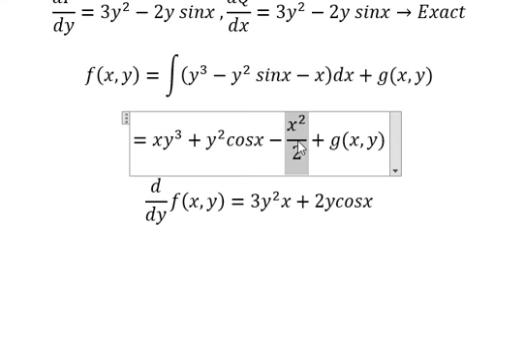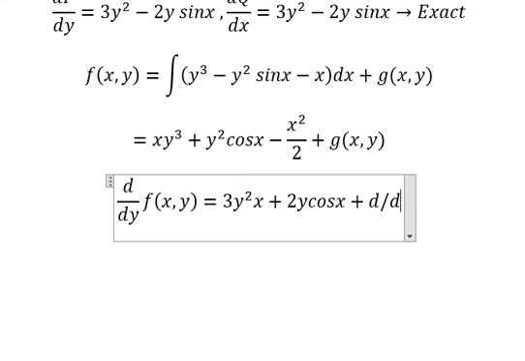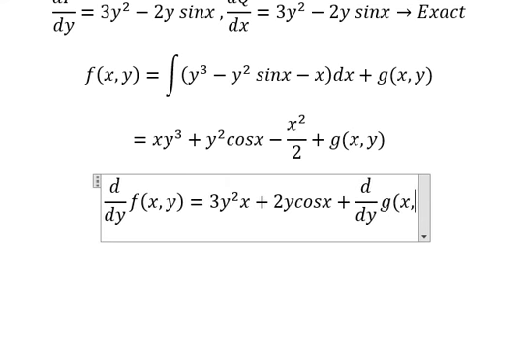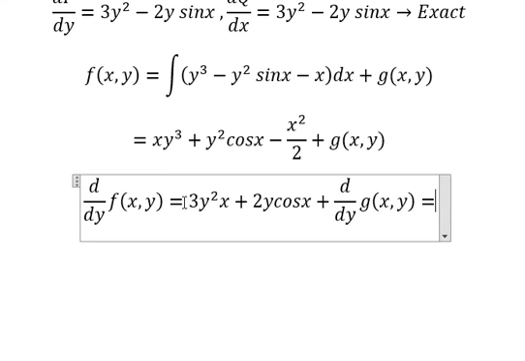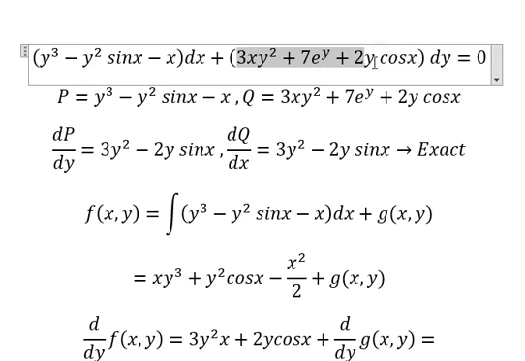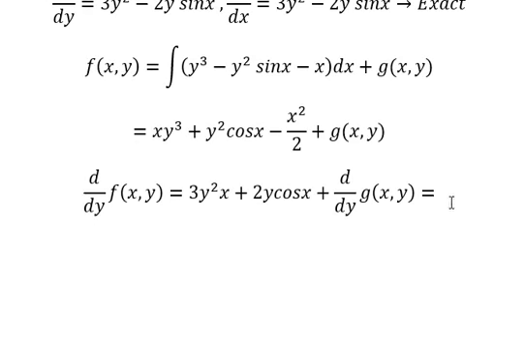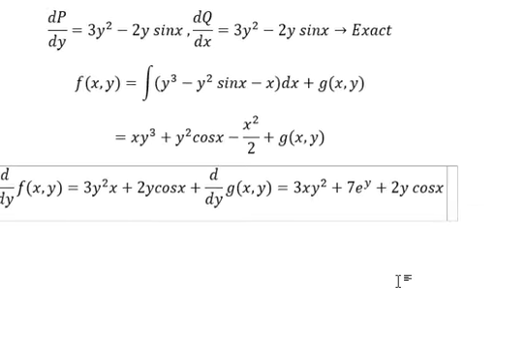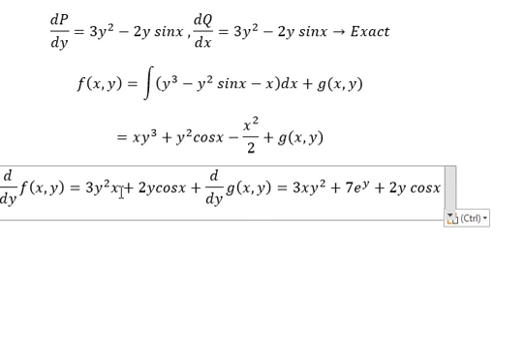This one we don't have y, so you got 0. And we know that this one is same with this one. Now we need to simplify 3y squared x plus 2y cosine x for the both sides.